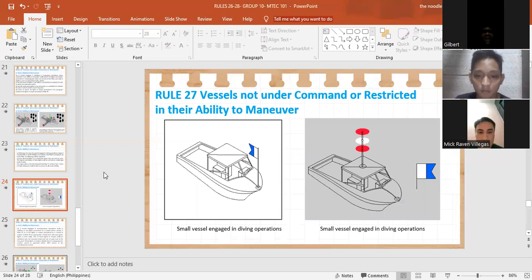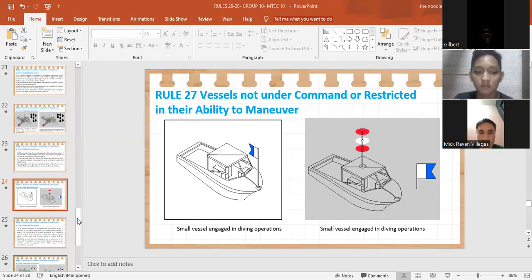As you can see in the first picture, they have an Alpha flag: a small vessel engaged in diving operations. In the second picture, we have seen a red light above, a white light, and a red light.